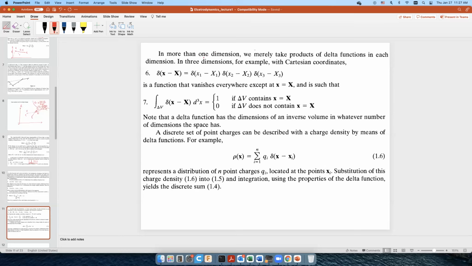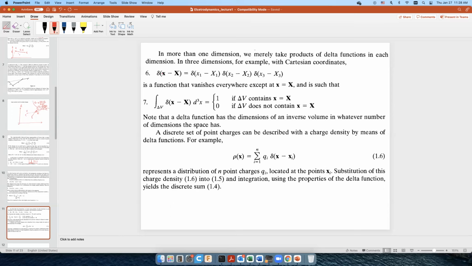And then if it's not a one-dimensional delta function, let's say it's a multiple-dimension delta function. For example, here it shows 3-dimensional functions. Here it's not a anymore, it's capital X, a 3-dimensional vector.